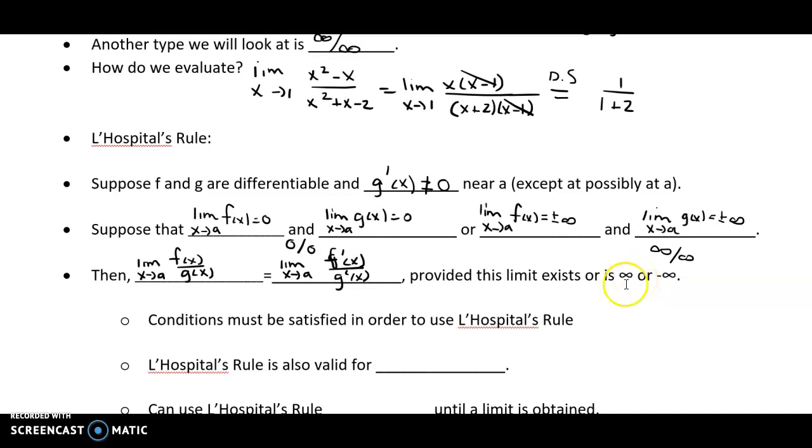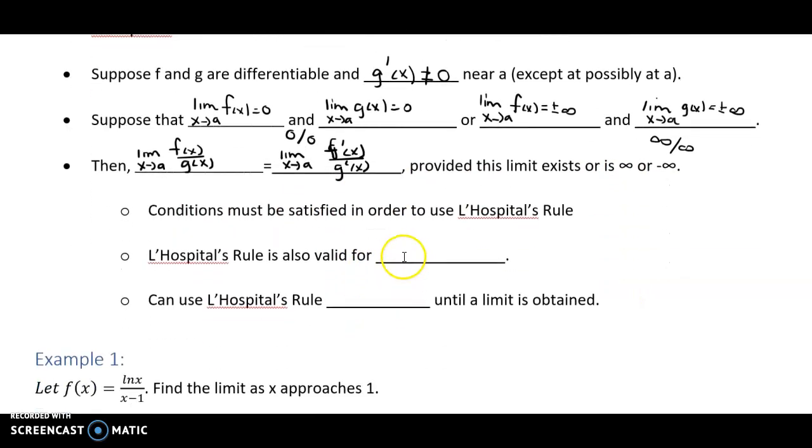In order to use L'Hopital's rule, the conditions must be satisfied. L'Hopital's rule is valid for one-sided limits.